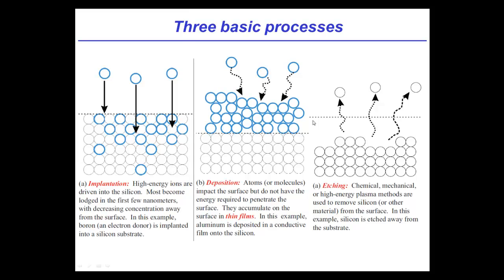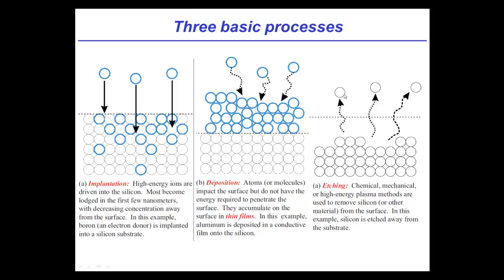And etching, chemical etching is one kind of etching, and that's simply I start out with a wafer. It's got a surface originally at this dashed line, and I immerse it in some chemical, and that chemical will chemically react with the silicon and bind to it and carry it away into solution, slowly eating away at the surface of this. Etching can also happen in a dry or plasma method, and the same thing happens, it just doesn't happen in a liquid.